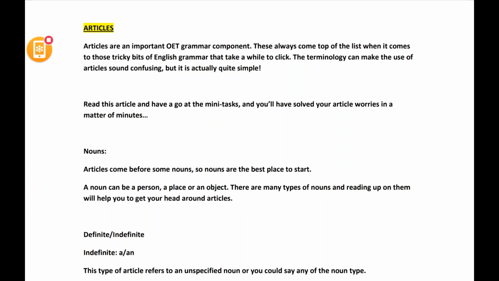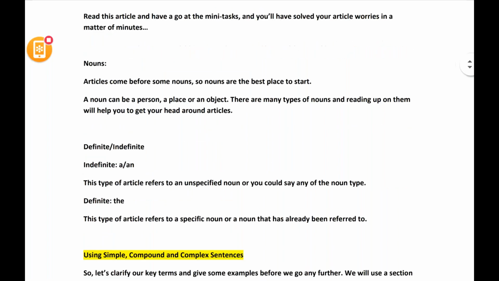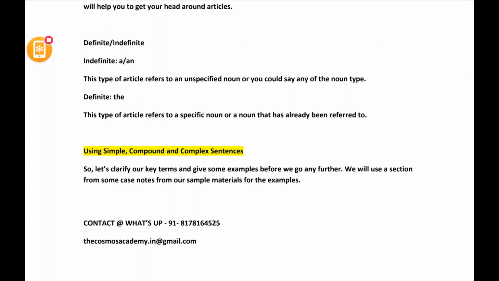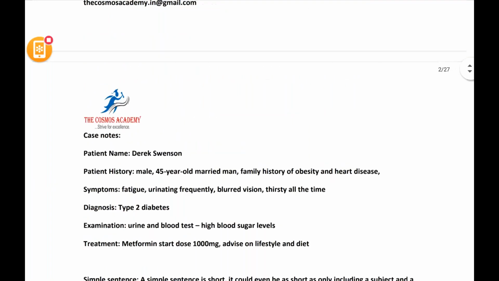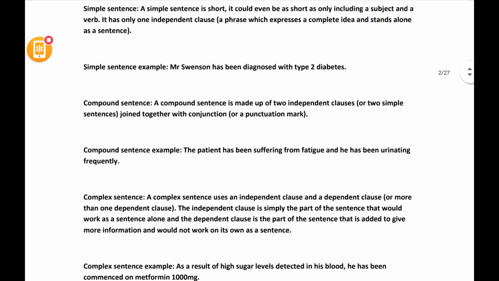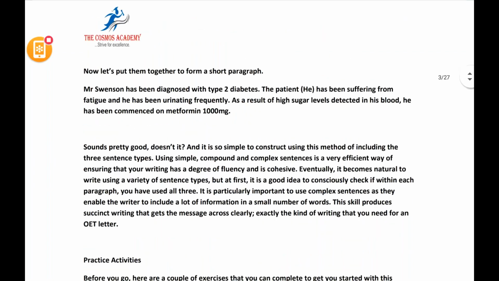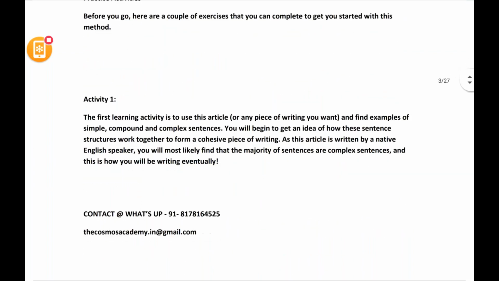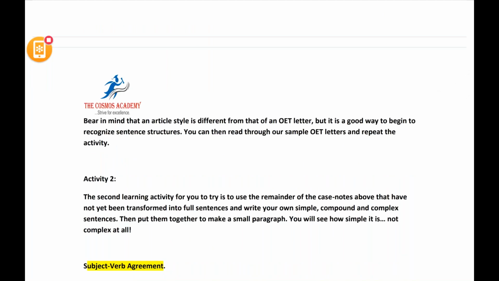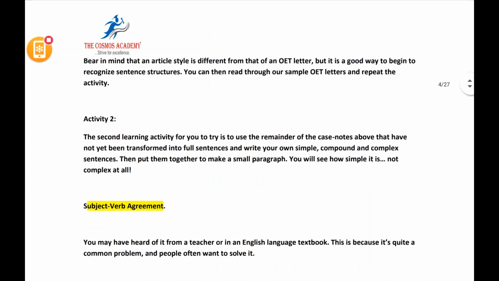So today we are going to discuss articles, nouns, and then we are also going to discuss using simple sentences. I always keep saying that in writing, please use a complex sentence or a compound sentence. So what is that? We are going to discuss that as well. And the most important part is subject and verb agreement.